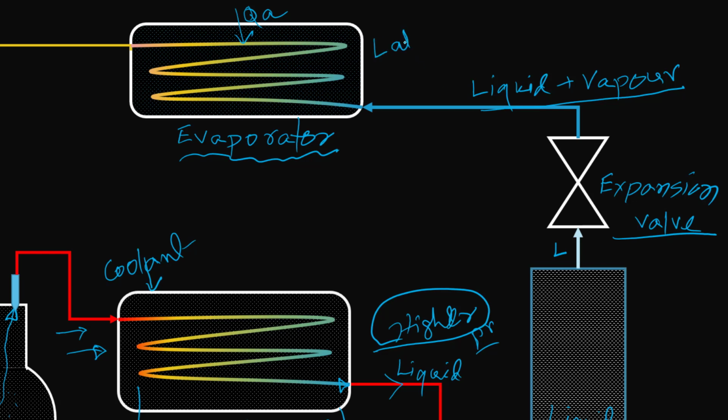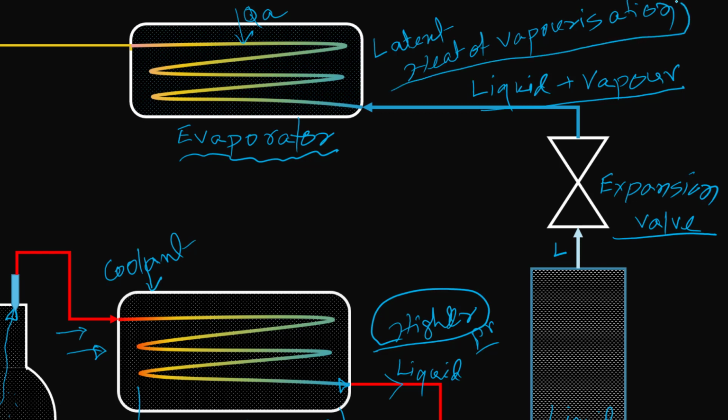What will happen? The latent heat of vaporization will be absorbed, and if any liquid absorbs the latent heat of vaporization, then it becomes vapor. When it passes through the evaporator or refrigerator, it will come out as dry vapor.